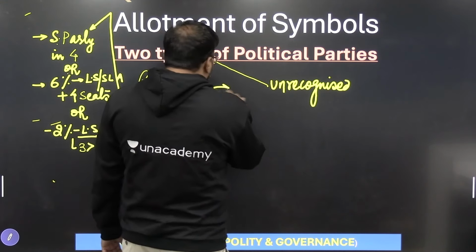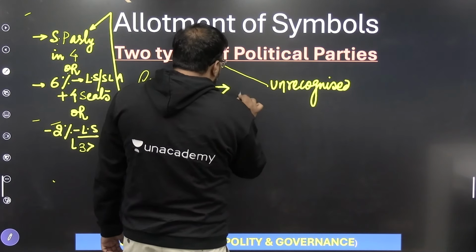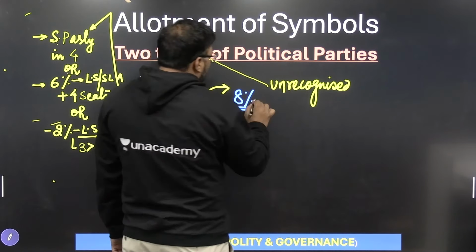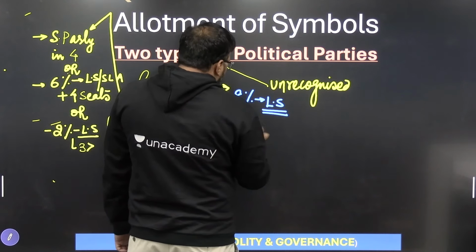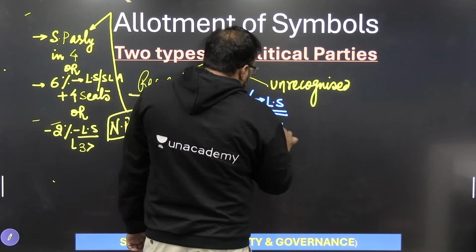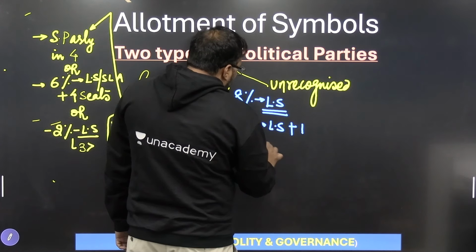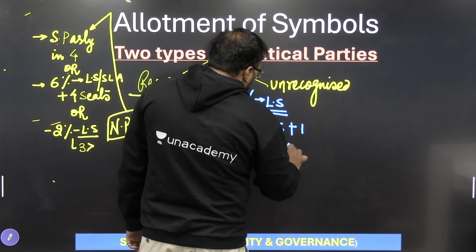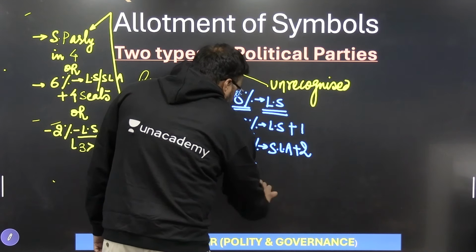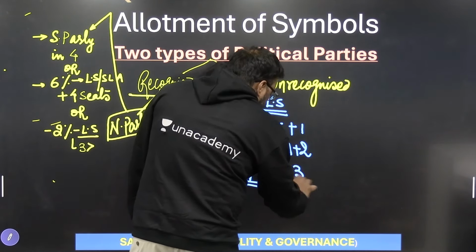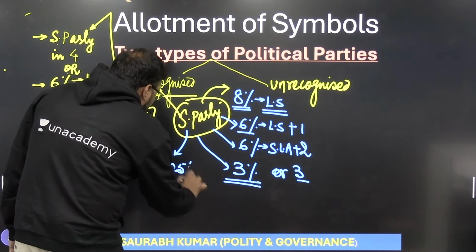Likewise, whenever we say that a party is a state party, it means that the party has secured 8% of the valid votes polled in the Lok Sabha election or the state legislative assembly election, or it has secured 6% of the valid votes polled in the Lok Sabha election plus 1 seat in the Lok Sabha, or 6% of the valid votes polled in the state legislative assembly election plus 2 seats in the Lok Sabha, or either 3% of the total seats or 3 seats in the state legislative assembly, whichever is more, or 1 seat for every 25 seats in the Lok Sabha.